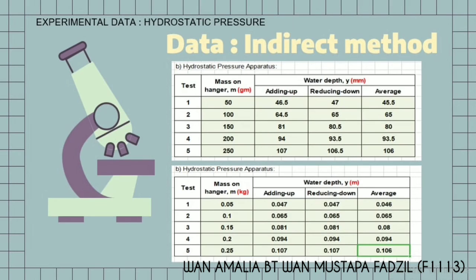For reducing down, test 1, 47 divided by 1000 gives 0.047. And for average, test 1, 45.5 divided by 1000 gives 0.046. Just divide by 1000 for test 2, 3, 4 and 5.